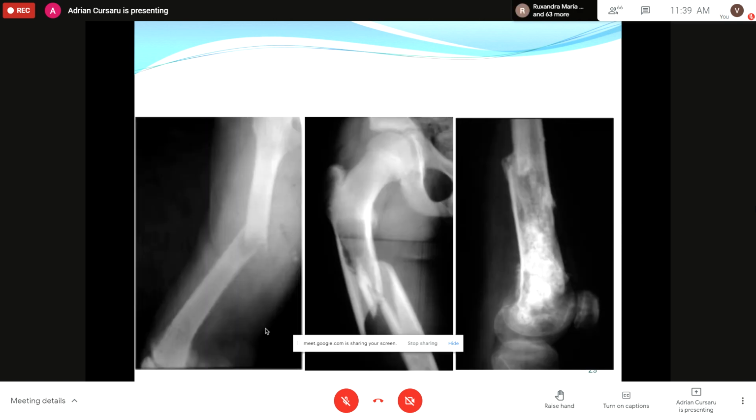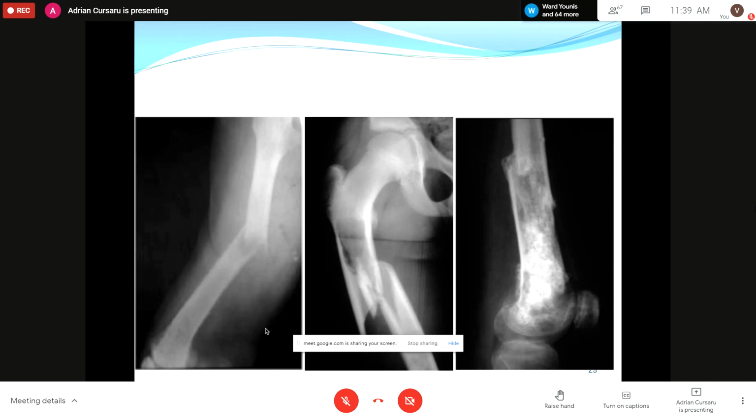That's an example of an osteolytic bone tumor of the middle part of the shaft of the femur, and you can see a fracture appear on a pathologic bone.